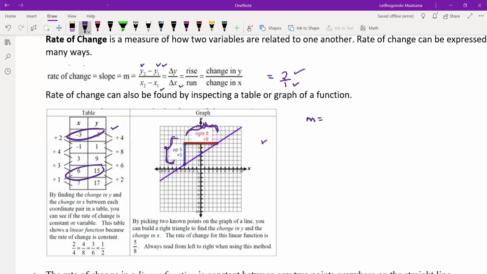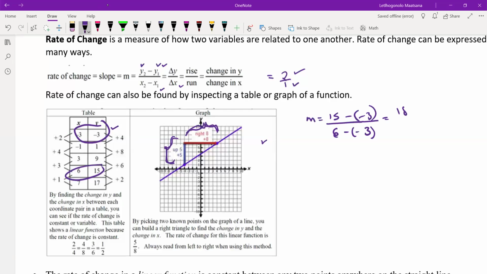So we will have here 15 minus 3 over our change in x, which is going to be 6 minus negative 3.